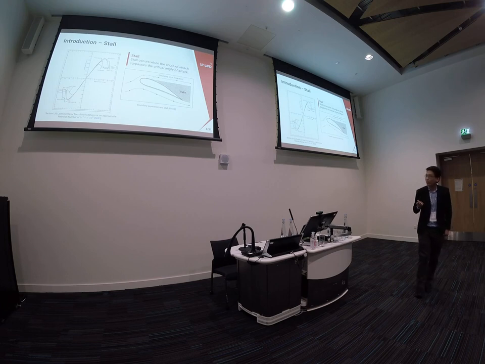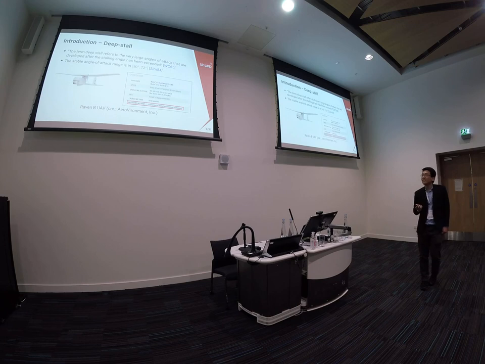However, when we go further right, the lift coefficient drops due to what they call the stall angle of attack. Aerodynamically it's because of the boundary layer separation effect. But if we go further in that region, we go to deep stall.